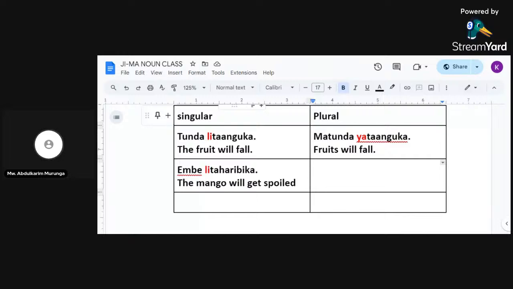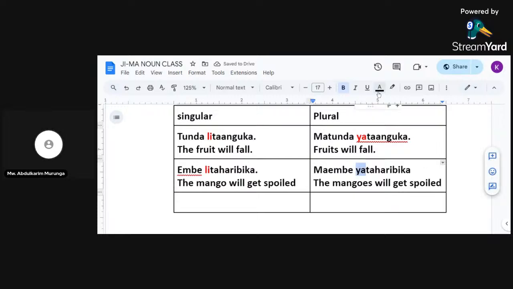Okay, so I'll just write here. Embe litaharibika. This will be maembe yataharibika. The mangoes will get spoiled. Maembe yataharibika. You see this?